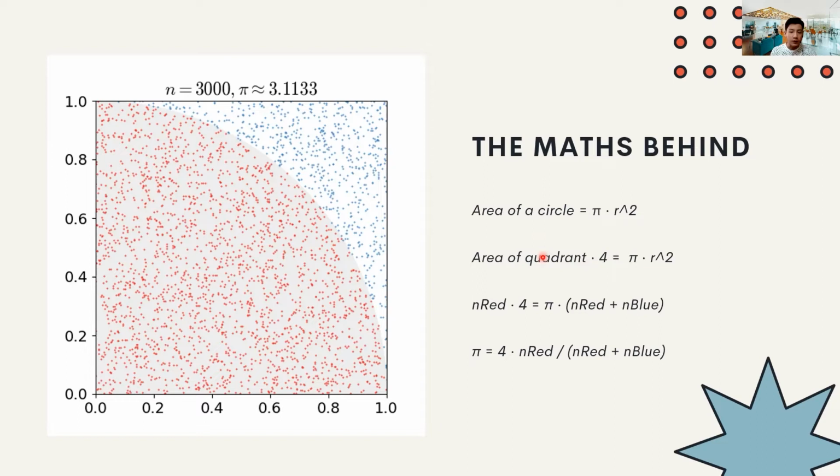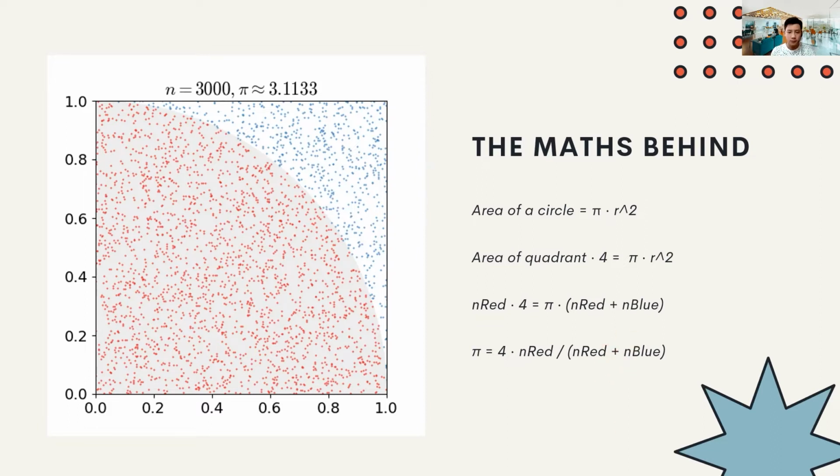So the area of the quadrant is the number of red dots, as can be seen here. Number of red dots multiplied by 4 is equal to pi times r squared, with r squared being the area of the whole square in this graph, which is the sum of the blue dots and red dots. So with a bit of transposition, we can obtain the value of pi, which is equal to 4 times the number of red dots divided by the sum of red dots and blue dots.